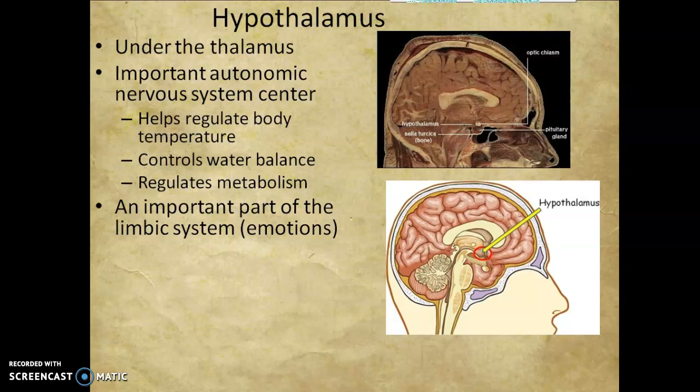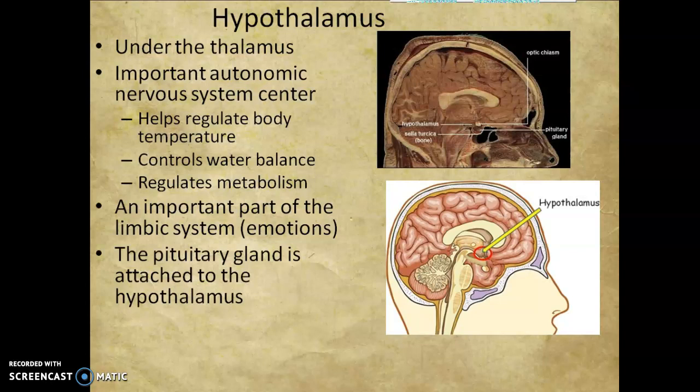It's also an important part of the limbic system. The limbic system is like the emotional system of the human body. It ties right in with the endocrine or hormonal system, and it's responsible for a lot of the emotions that we have as humans. One of the big parts of the hypothalamus is the pituitary gland.